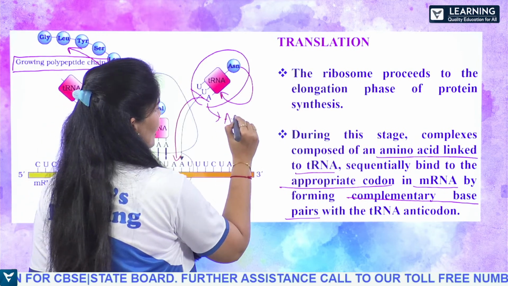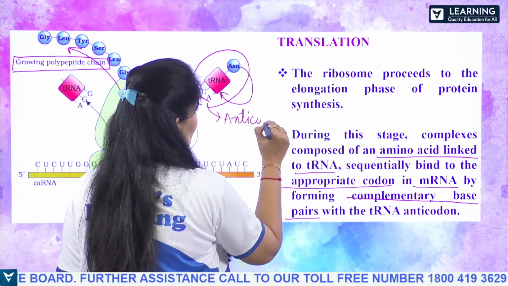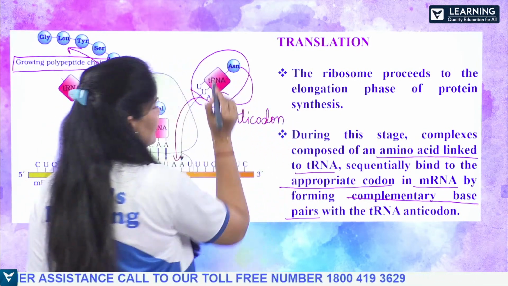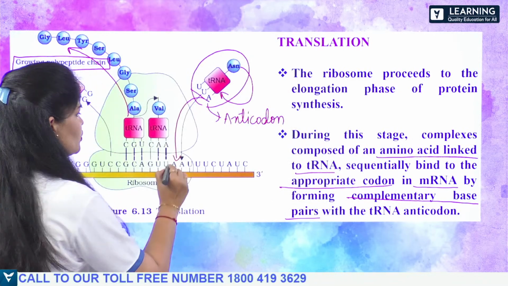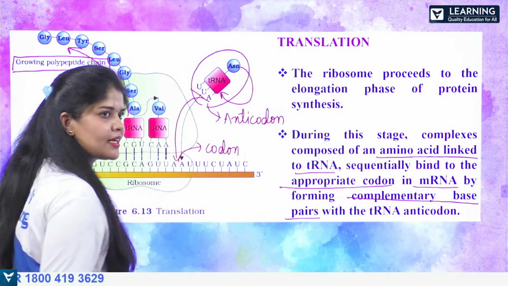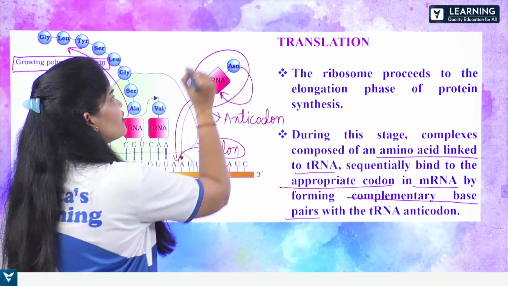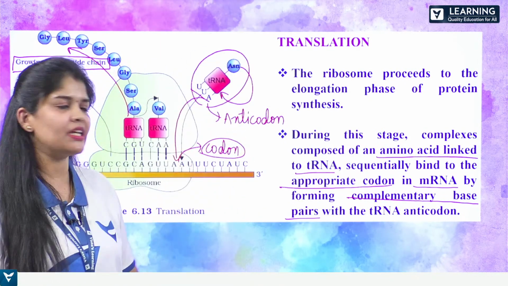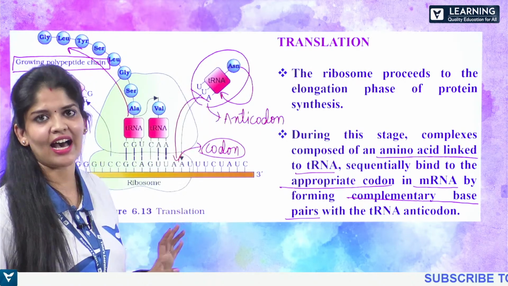These are anticodons, present on tRNA, and these are codons, present on mRNA, and this codon will decide which amino acid has to be brought by the specific tRNA.